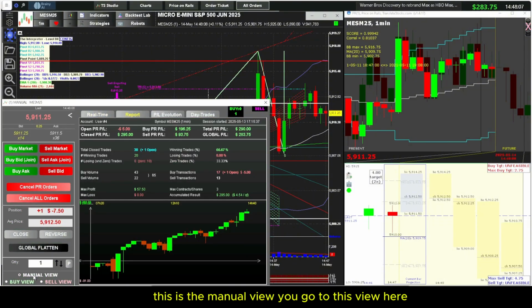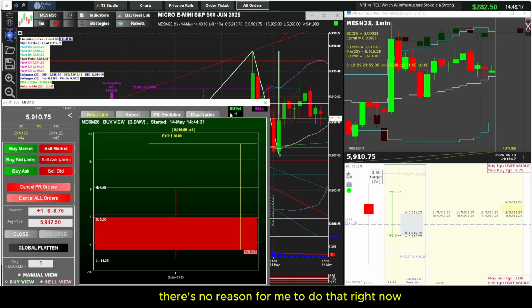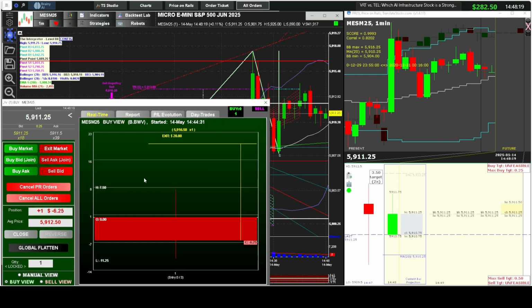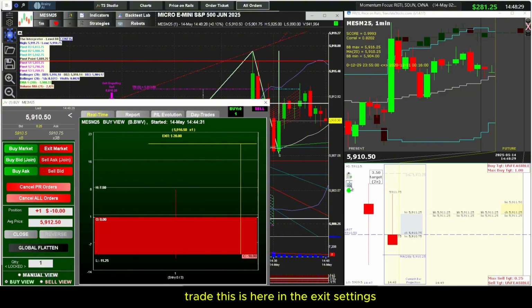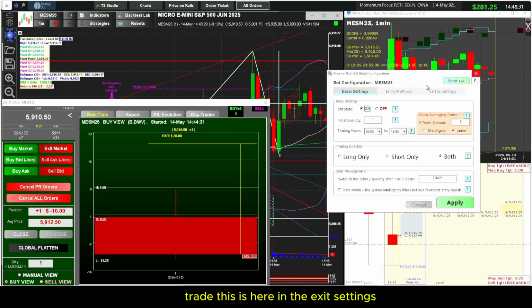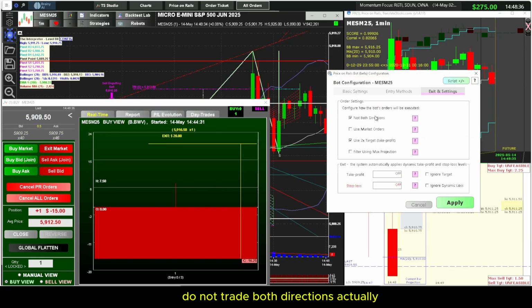This is the manual view. You go to this view here, the gray view, if you want to trade without the system interfering in what you are doing. There's no reason for me to do that right now. I'm in the middle of the trade and I have disabled the system to sell while I am in a long trade. This is here in the exit settings: do not trade both directions.